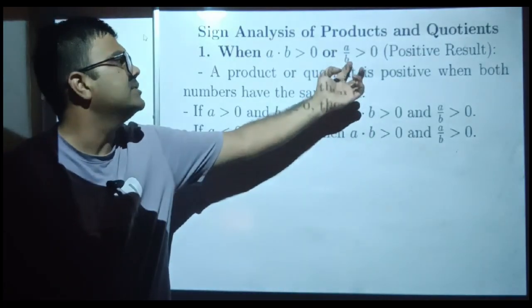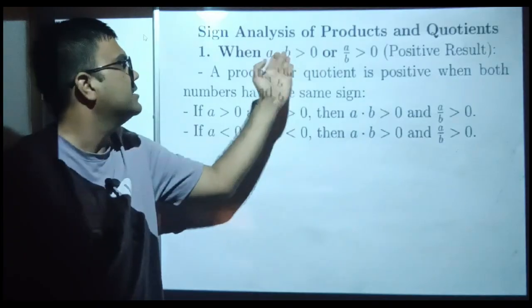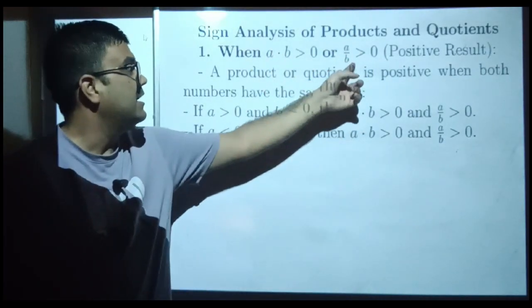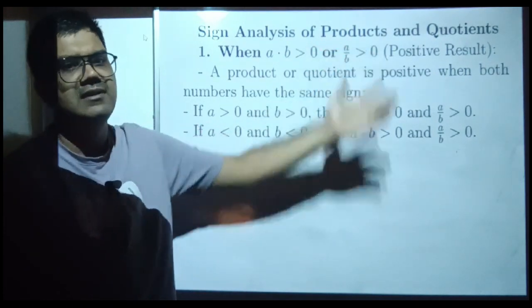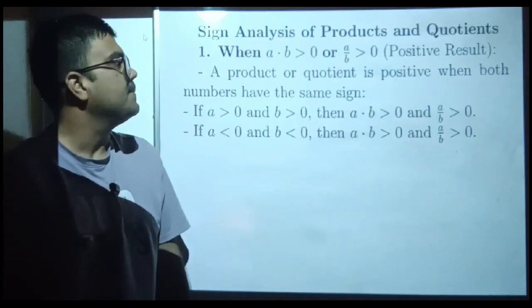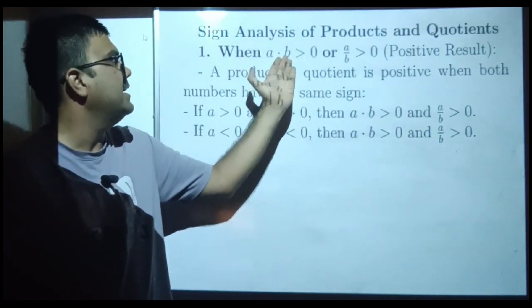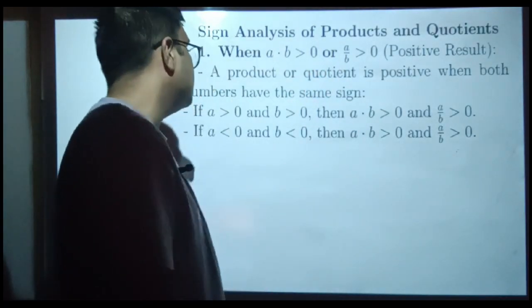When we talk about quotients, we assume that A and B are not equal to 0. Otherwise these calculations will become 0, and B cannot be 0 because when we talk about A by B, the division is not defined. So we are talking about non-zero numbers over here. We say A into B or A upon B is positive. Then what are the possible cases?